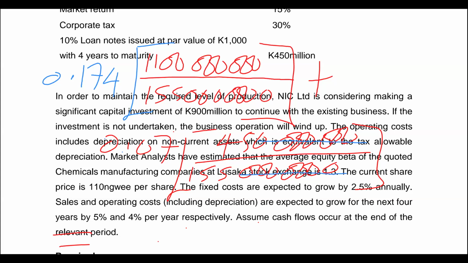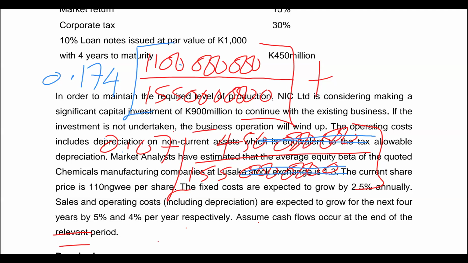You just say 45 divided by 155. Simple. When we're canceling this, there are 7 zeros. I've cancelled them, so you remain with 45 over 155.